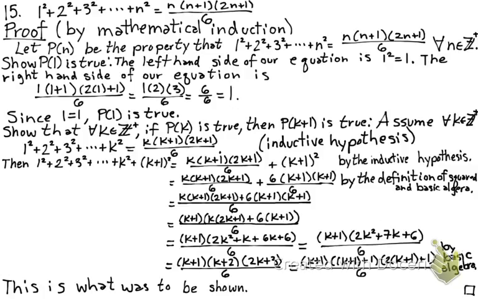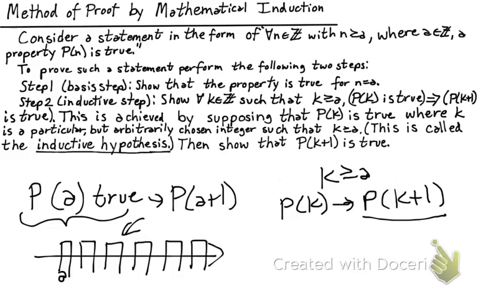Keep in mind with a mathematical induction proof, there are steps. You always go through the same steps. First, you say what the property is, the establishment of the property. That's up at the very top. Your basis step: you show that the property is true for the first value that n takes. The second step is you assume it's true for the kth value that n takes.